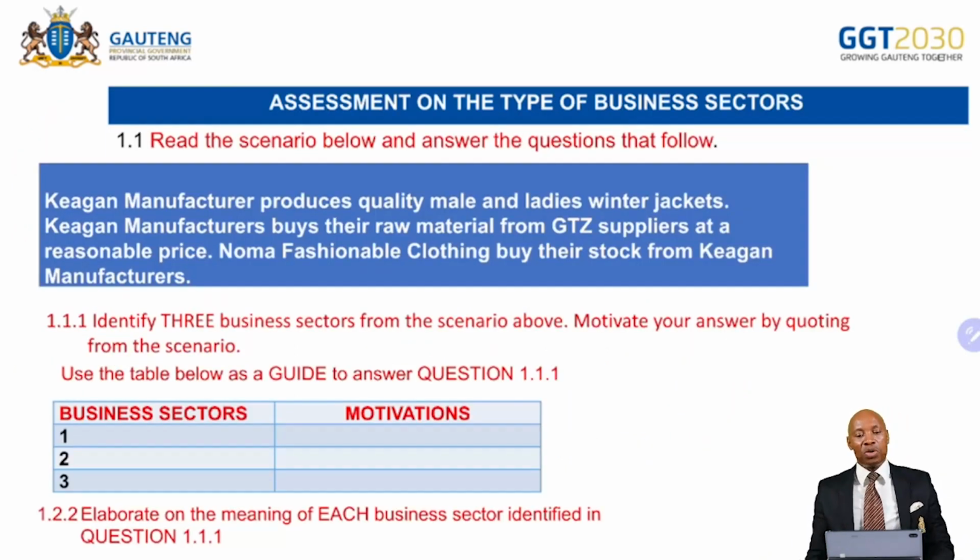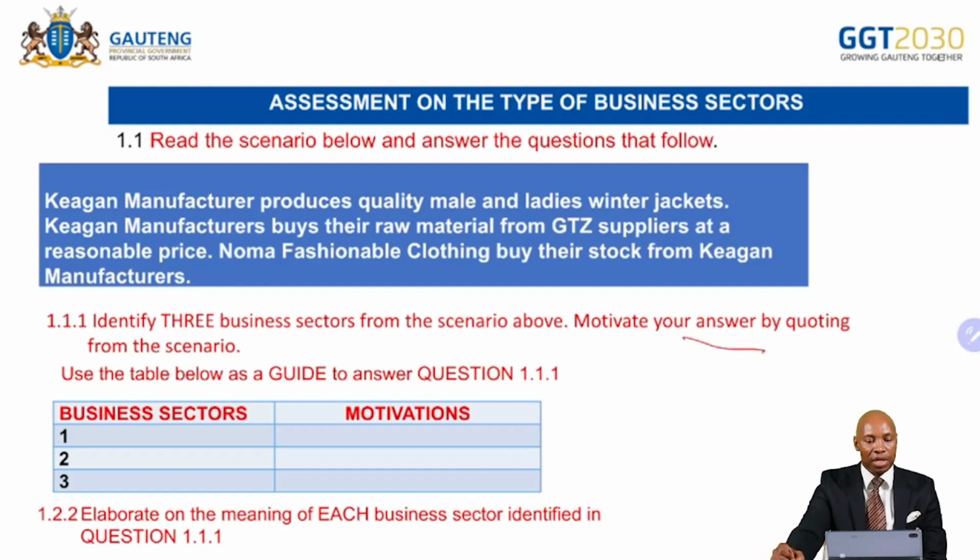Then let's look at how questions may be asked on business sectors. Now you may get a scenario wherein from that scenario you have to identify the 3 business sectors. Then motivate your answer by quoting from the scenario.